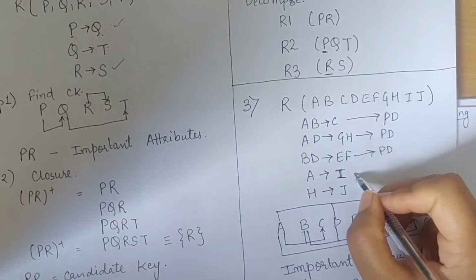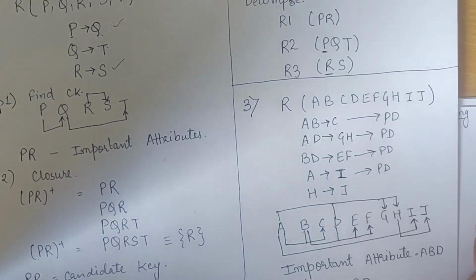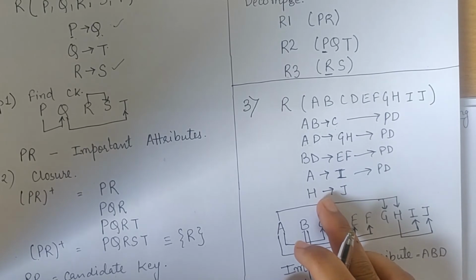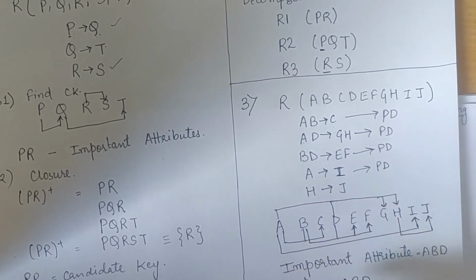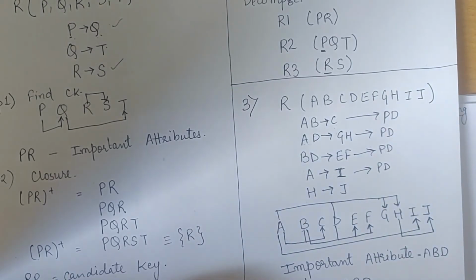A alone is also a proper subset, so this also leads to partial functional dependency. Only one functional dependency does not lead to partial functional dependency. All the others do. So now what we have to do? We have to decompose it and bring this relation to second NF.